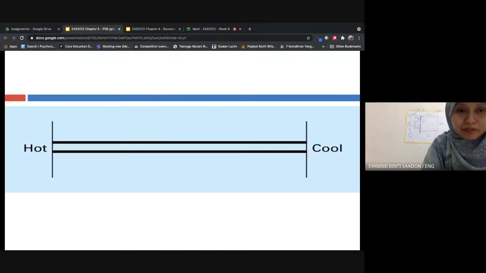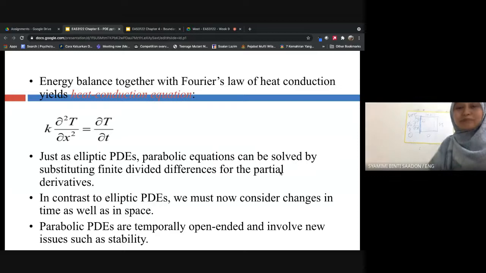Again, we have a rod from hot to cool. An example of a parabolic or unsteady state equation is Fourier's law of heat conduction. This equation is applied in the thermofluid lab 3 experiment.